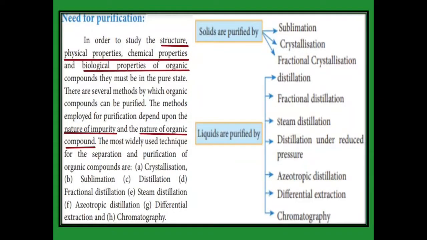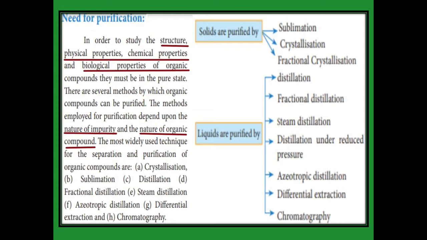I already told you in the introduction why we have to purify the organic compound: we have to study the structure, physical properties, chemical properties and biological properties of the organic compound. So we need the organic compound in a pure state to study these. We have so many techniques to purify it, but the techniques are based on the nature of the impurities and the nature of the organic compound.